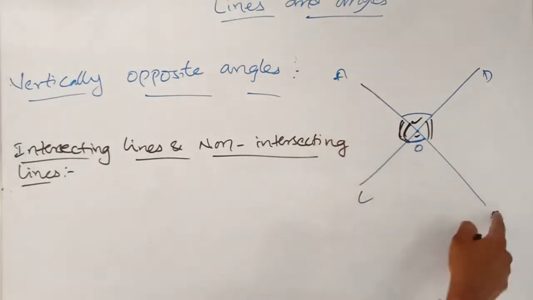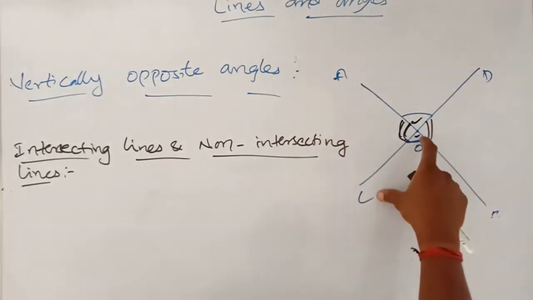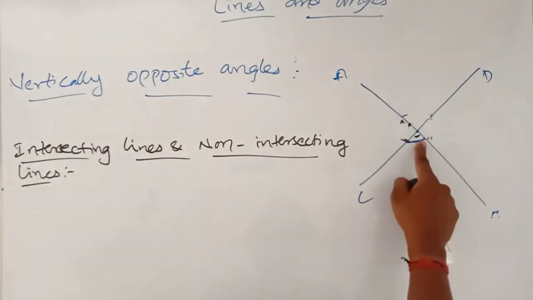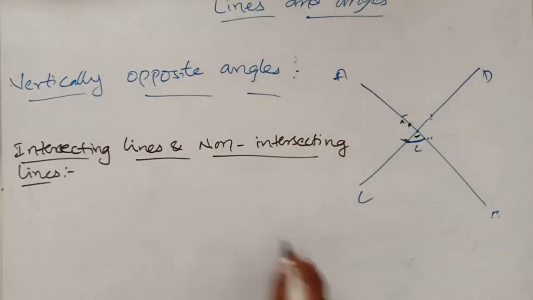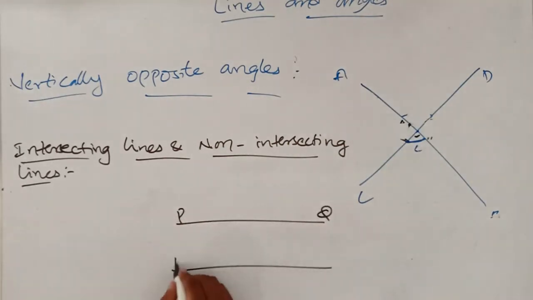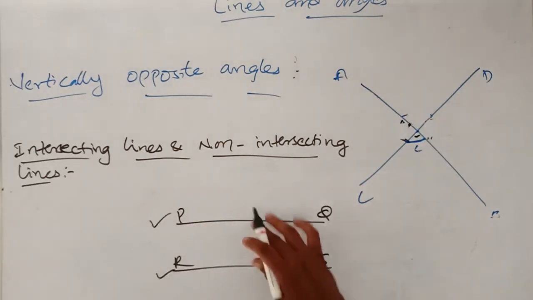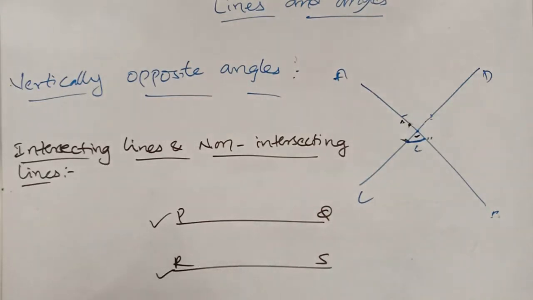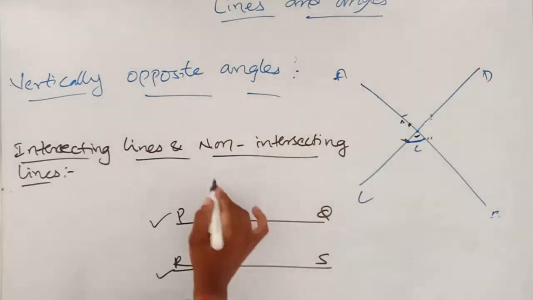Example, I am taking AB and CD. These two lines are intersecting at one point O. These two are called intersecting lines. The next example I am taking is PQ and RS. Here lines PQ and RS are not intersecting. Hence these are called non-intersecting lines or parallel lines.